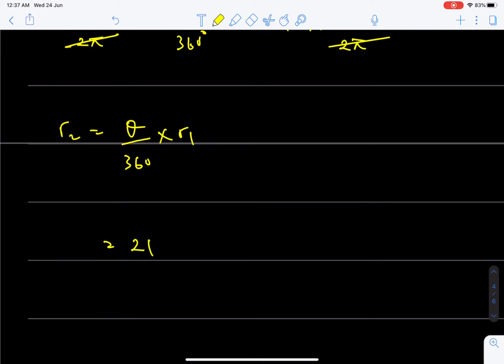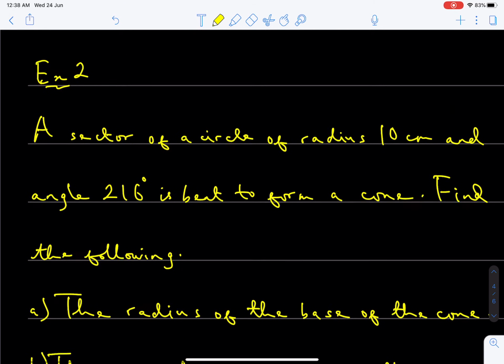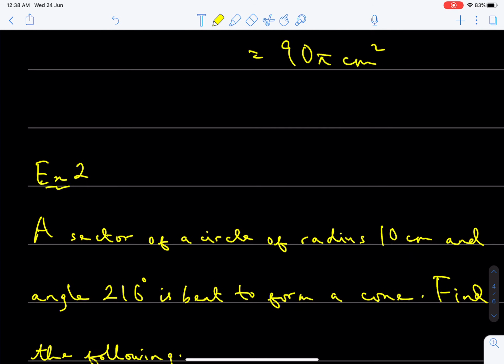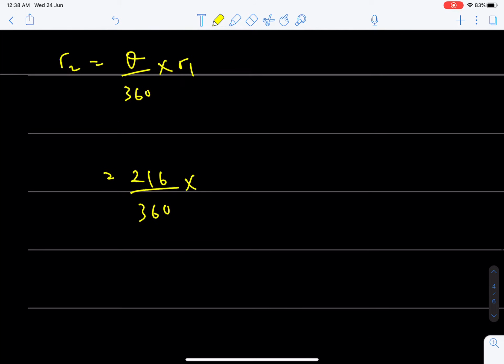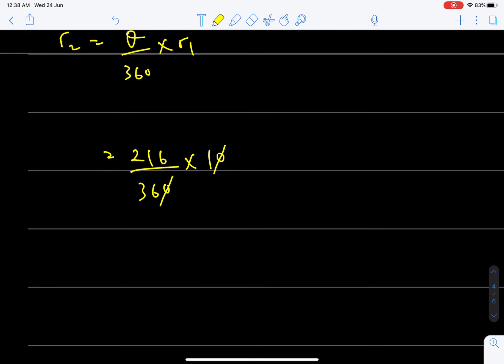And that's 216 degrees divided by 360 times the radius of the sector, which is 10 centimeters. 10 centimeters times 10. And then, of course, 0 cancels 0. And here we have 36 in 216 is 6.